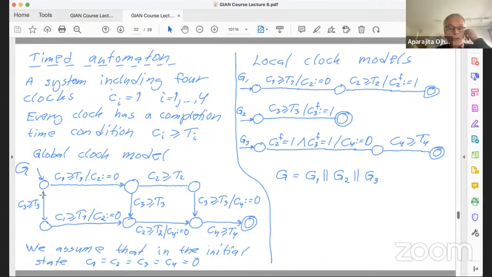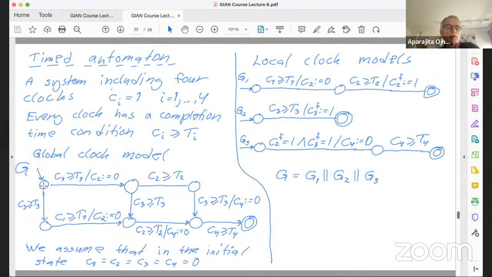And here you see that you get possible ways to go through this. It depends on what T1 is, and T2 and T3. It could be, for instance, that T3 is very short, that this operation is short. Then you go this way, and then you have to wait for C1 to complete its 2 operations before you can go on with the last operation.